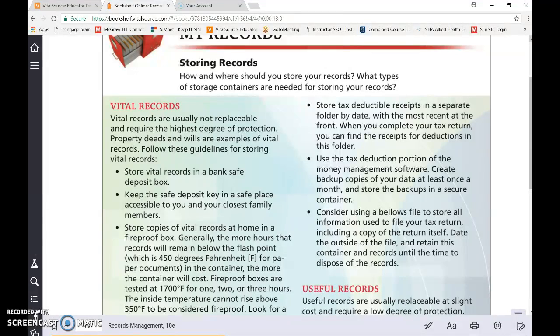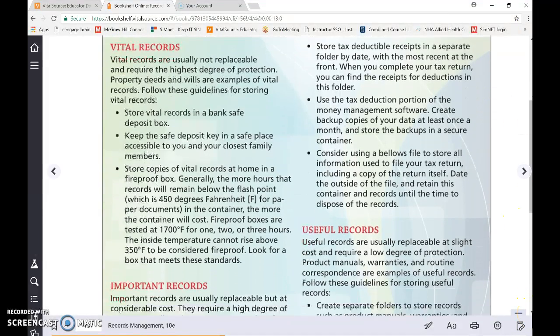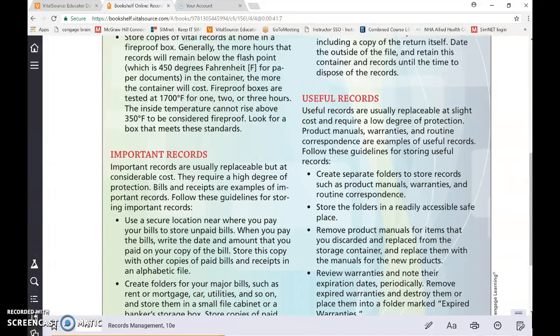Also, your tax returns, if you keep a paper copy, need to go in with your vital records. Some of the useful records would be like warranties and that type of thing, where you want to keep track of when you purchase a large item and you want to keep the warranty and or the little booklet that comes with it to help you, the product manuals.